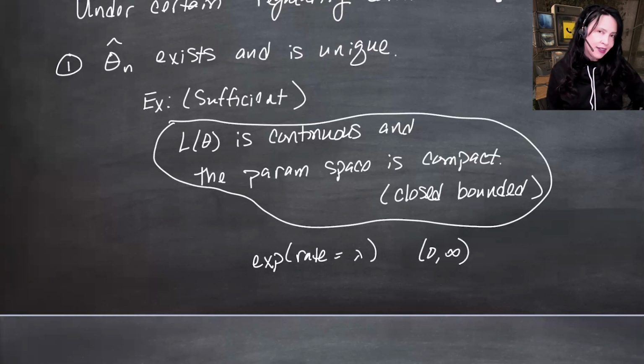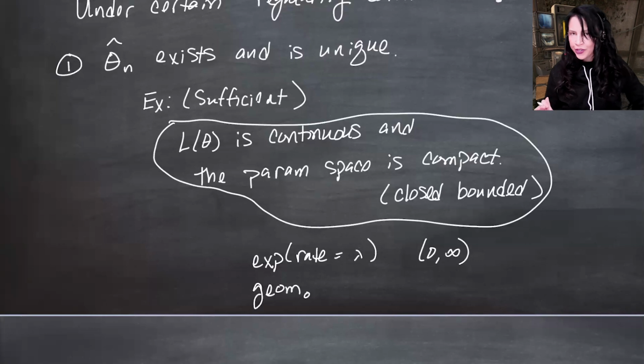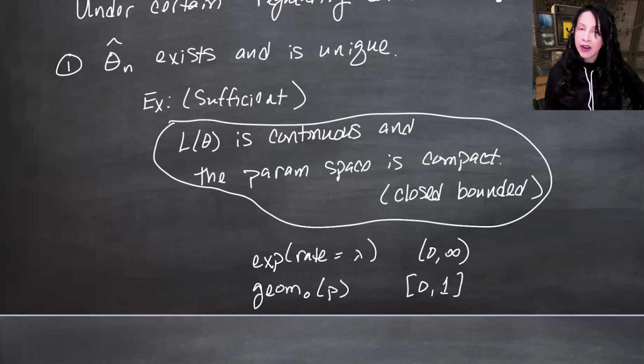And that doesn't mean that the maximum likelihood estimator for the exponential doesn't exist, but these conditions are not going to do it. Whereas if we look at a geometric distribution, whether it starts from 0 or starts from 1, it doesn't matter, with the parameter p, we had a nice compact parameter space there.